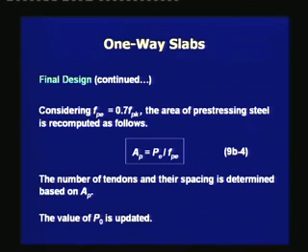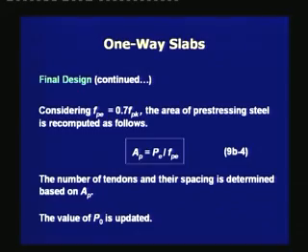The number of tendons and their spacing is determined based on AP. Given the value of PE and the value of FPK, we are calculating the amount of prestressing steel that we need for the unit width, or whatever width we have selected for the slab. And once we calculate AP, we can distribute that in the tendons with suitable spacing.